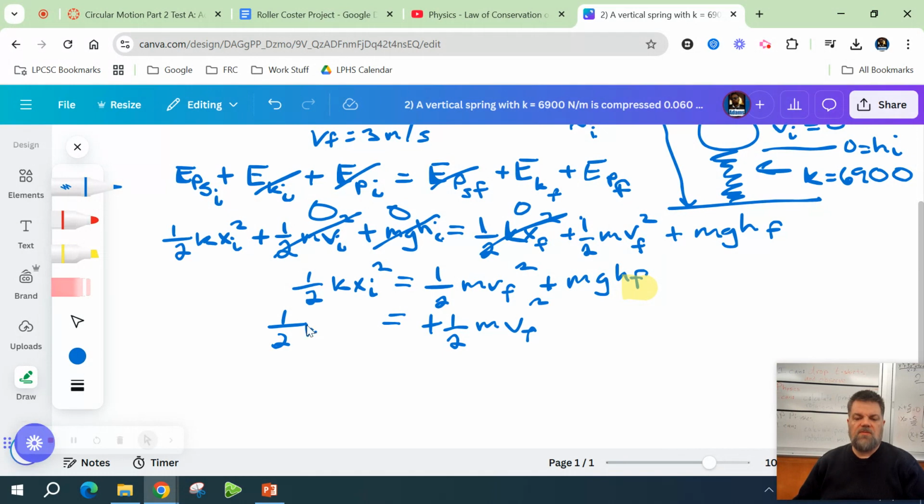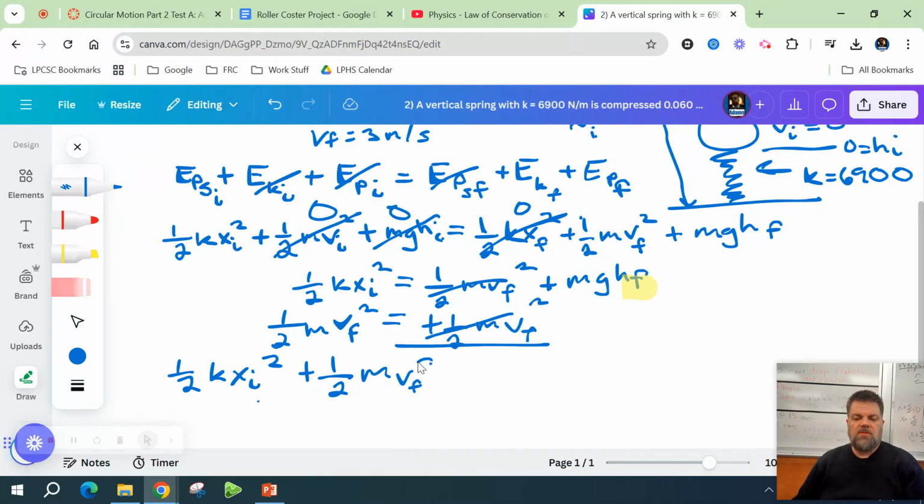1/2 times the final velocity squared. These cancel, and I get 1/2 k x initial squared plus 1/2 m v final squared is equal to m g h final.